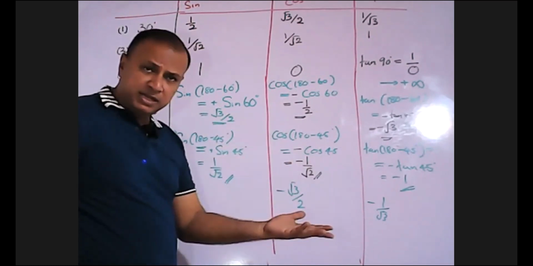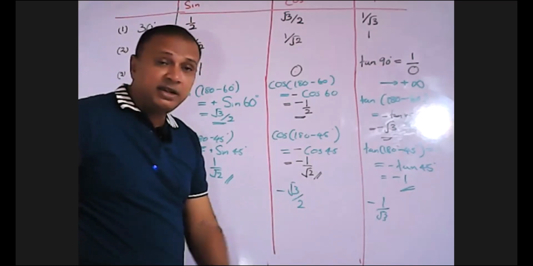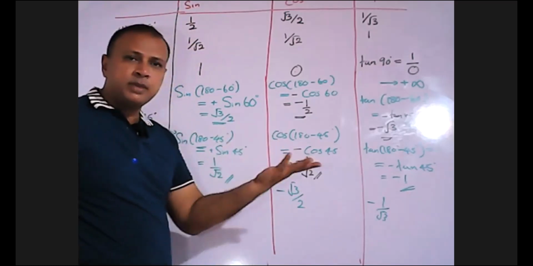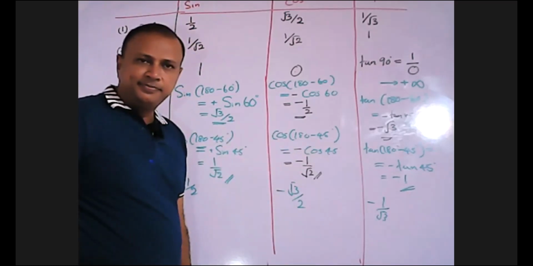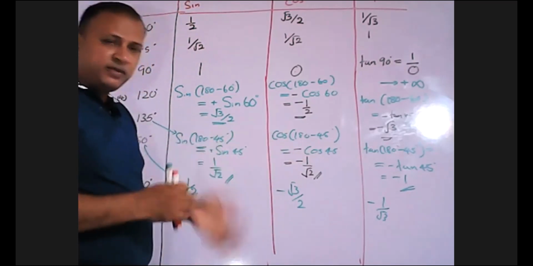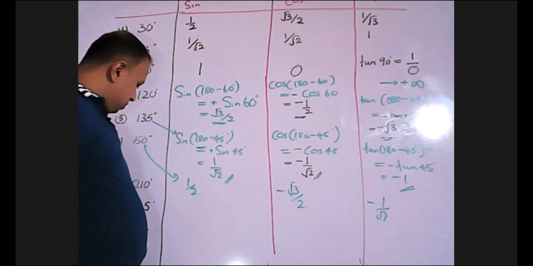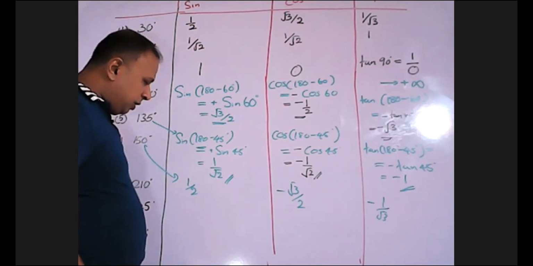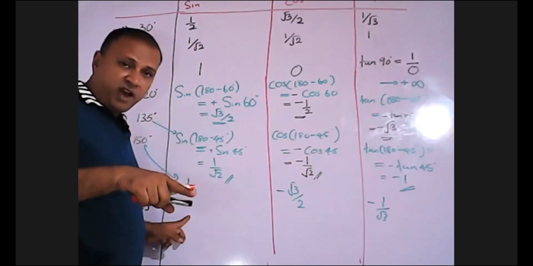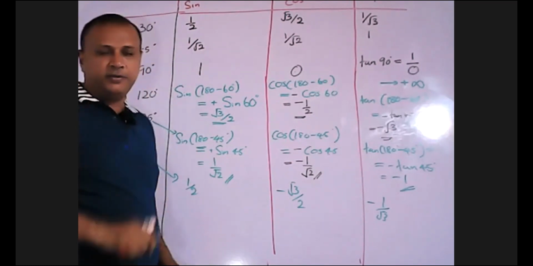Cos of 180 plus 45 is equal to cos 45. Tan of 180 plus 45 is equal to tan 45. Then you can determine the positive or negativeness of that value. Therefore, the trigonometric values of 225 are equal to the trigonometric values of 45.